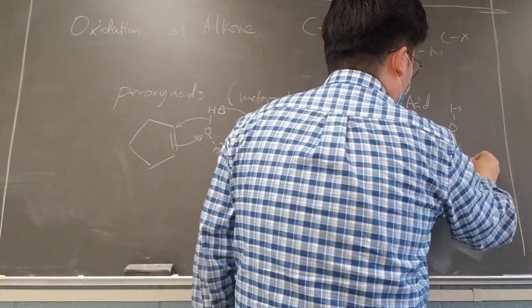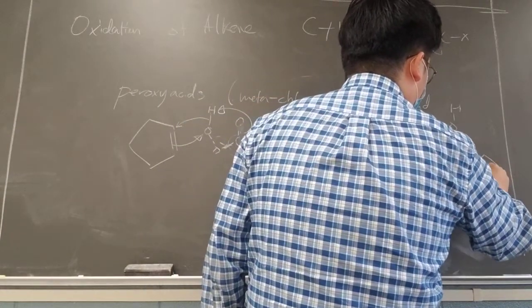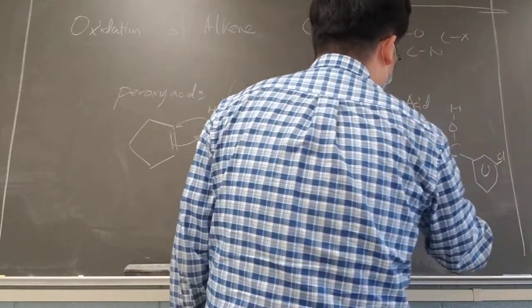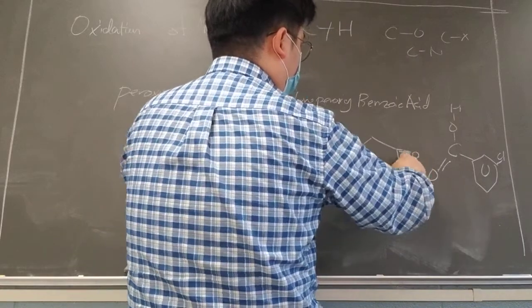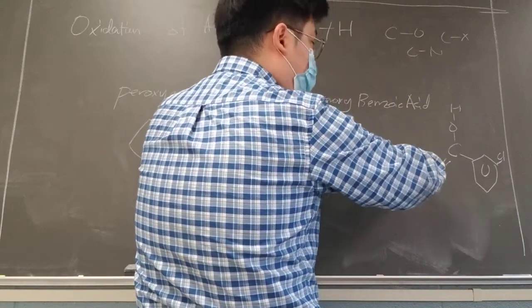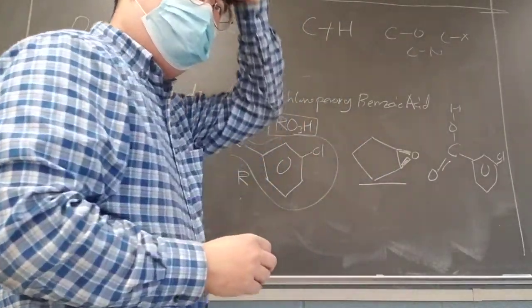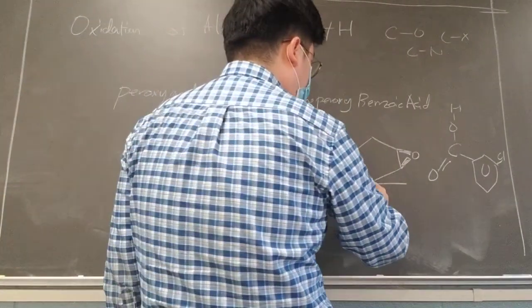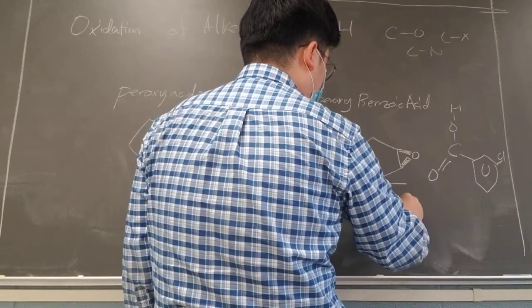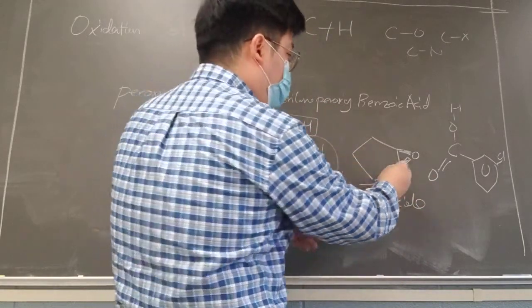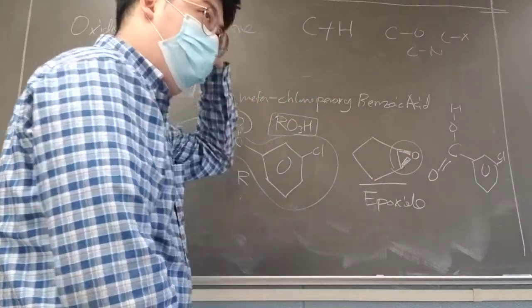Okay? So now you have this one over here, and you have oxygen captured in more of a cyclic ring structure. So we call those types of compounds epoxide. Whenever you have oxygen captured in a ring position like this, we call this epoxide.